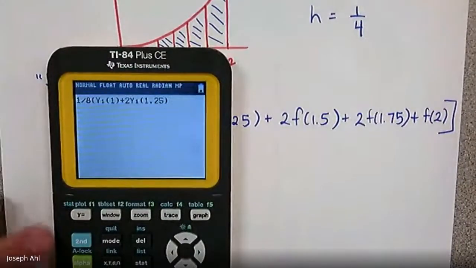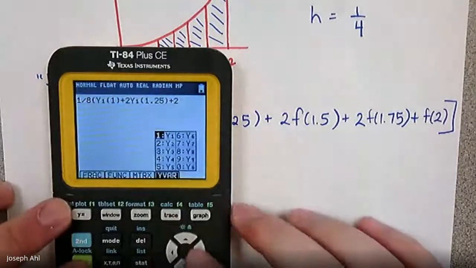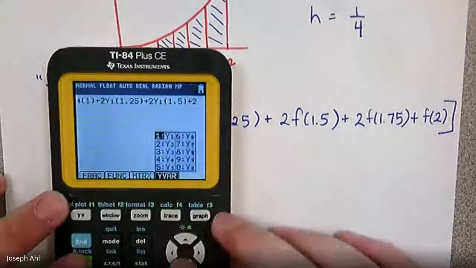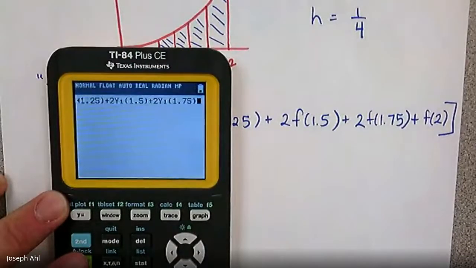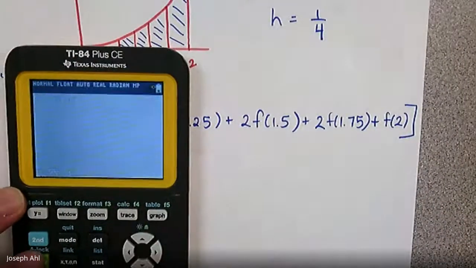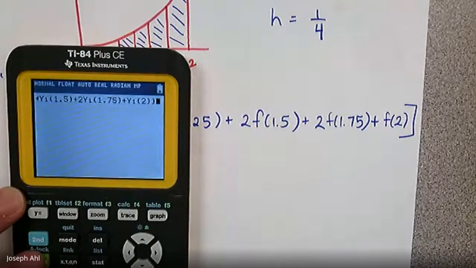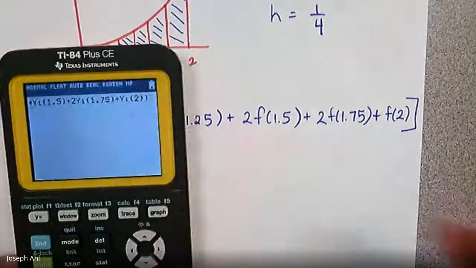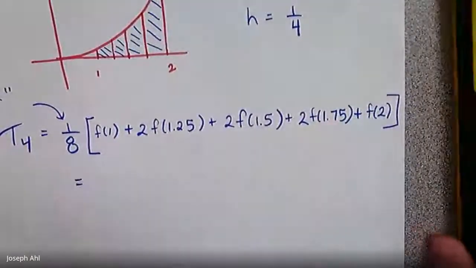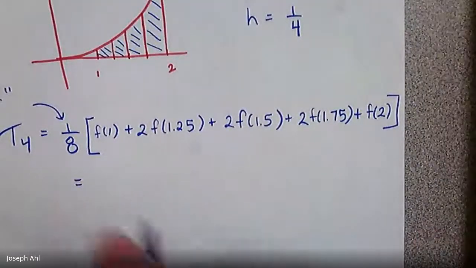And you can continue with this process, plus 2 times y1 of 1.5, plus 2 times y1 of 1.75. And then at the end, plus, we're not doubling this height anymore. So that's just going to be y1 of 2. Now, clearly, if it's an easy enough function like x squared, you could just put a plus 4 down there if you wanted to. But this should be the correct answer. The area under the curve using trapezoids is 2.34375.